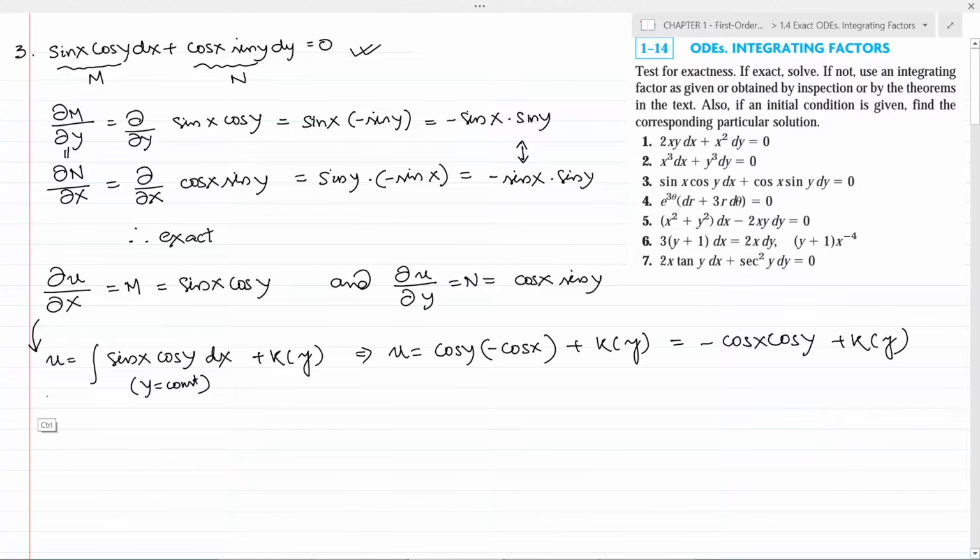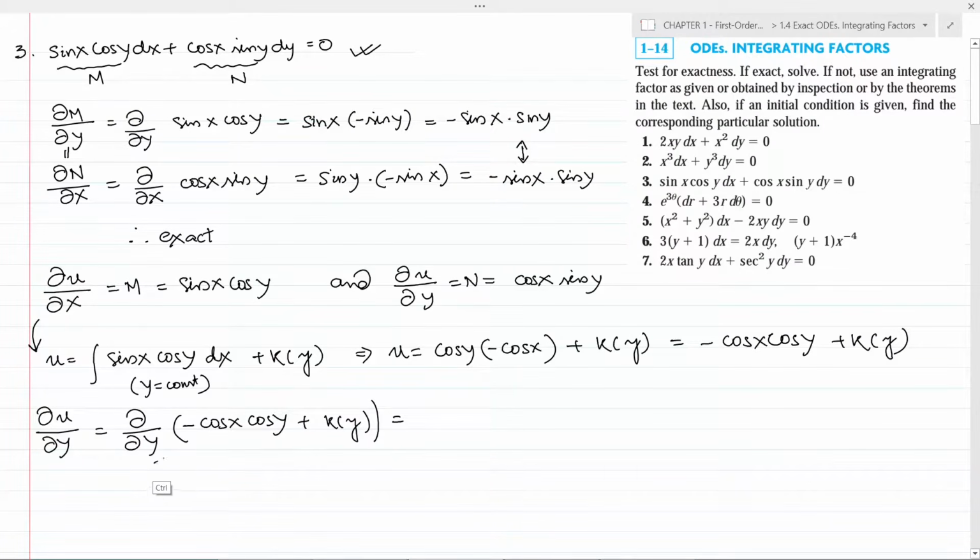Now from this value of u we calculate del u by del y, which is equal to del by del y of minus cos x cos y plus k of y.